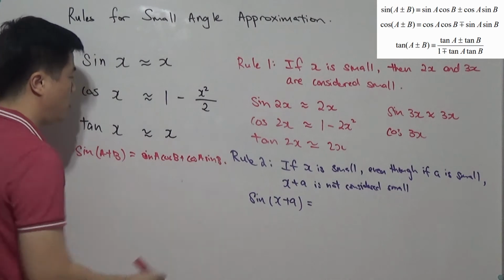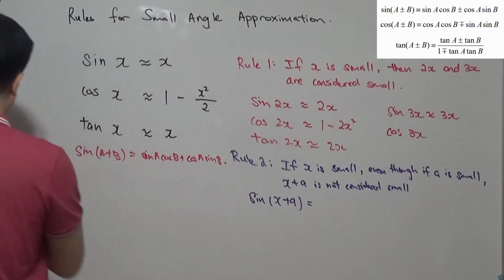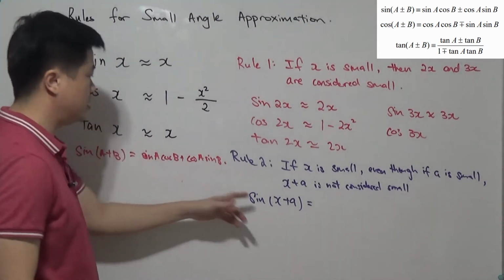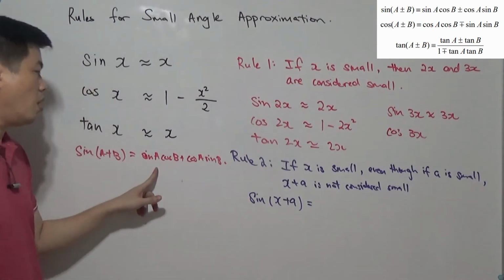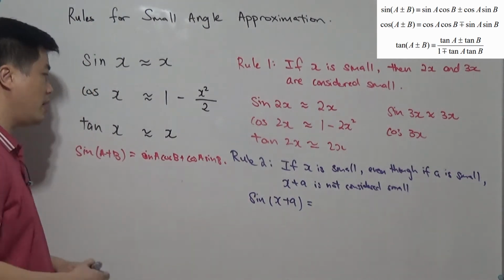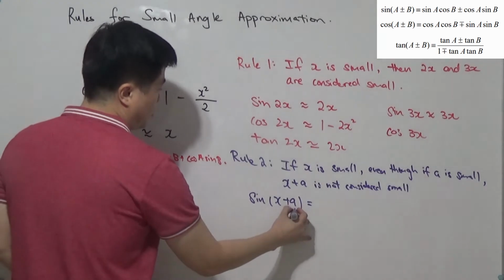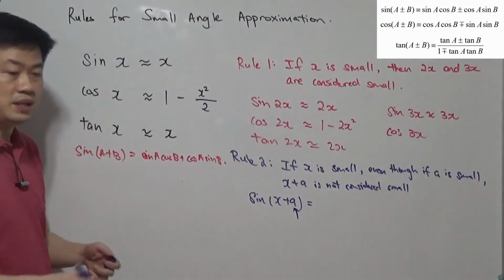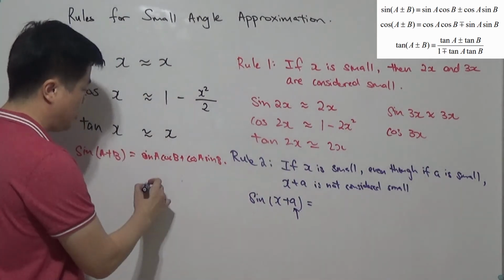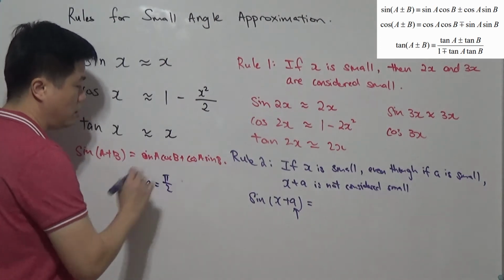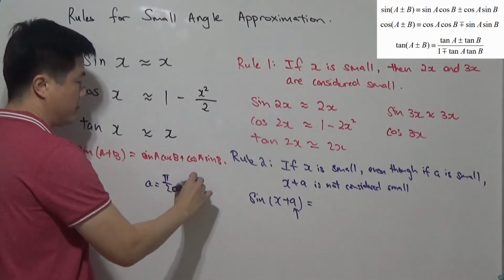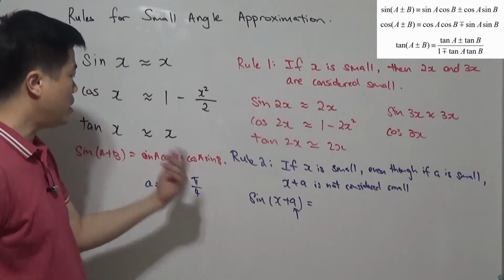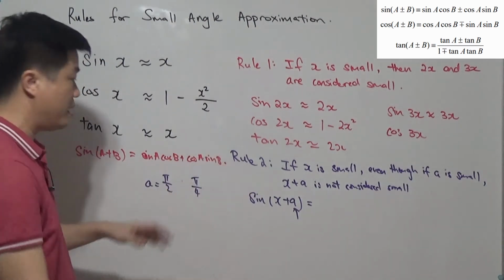So what you need to do when you have questions like that is to expand this using your compound angle. And most often, this a is going to be a known angle. For example, a could be pi over 2, or maybe a could be pi over 4. So just go ahead and expand this.